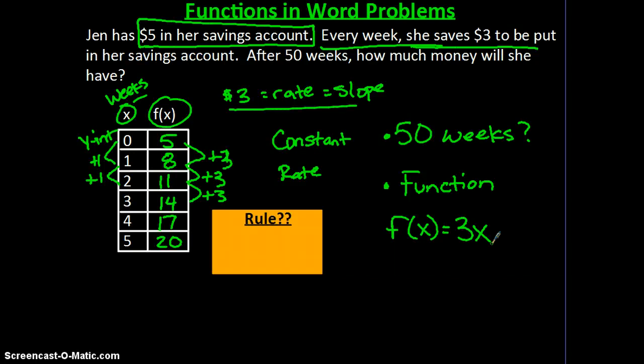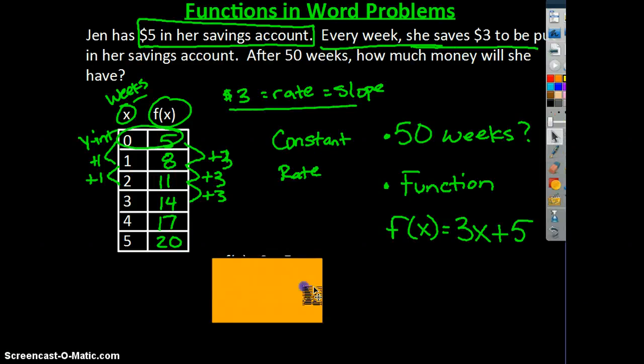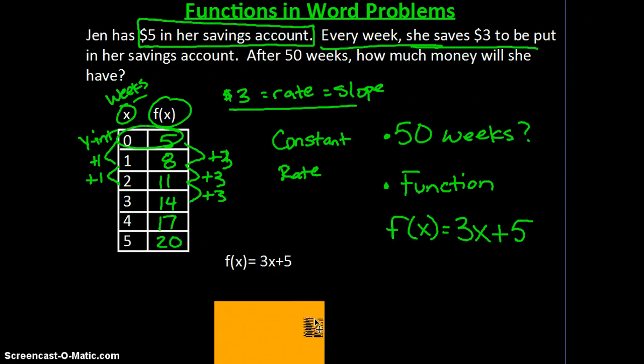Because we don't know how many weeks we're going to continue this for, we would have it as this x value. And what was the constant? Our constant, or our y-intercept, was at 0, 5. So after all of this, we are still adding $5. Your function, or your rule, was still that f of x equals 3x plus 5.